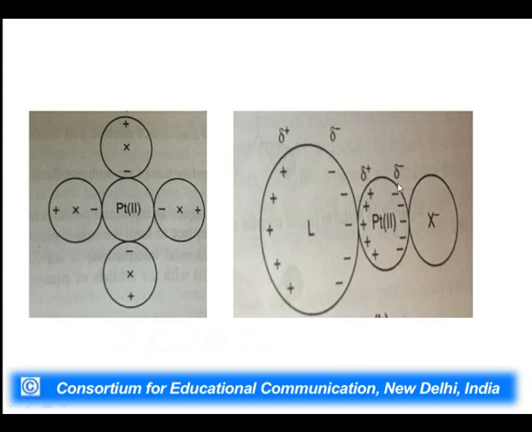So here we have delta negative charge, and this ligand is also negatively charged, so there will be repulsion between these two ligands. As a result, there will be more overlapping towards this side, strengthening of this bond at the expense of this bond. So the platinum-X bond strength is decreased in the ground state.